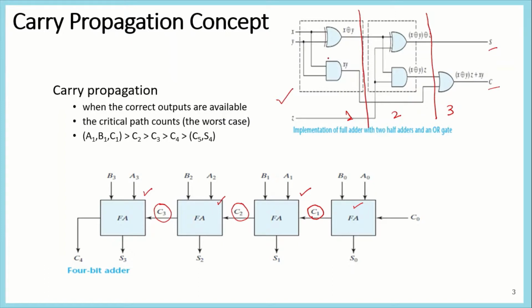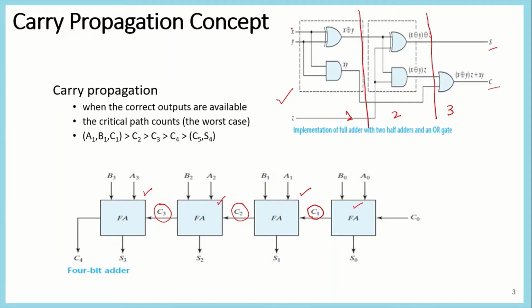Just assume that each gate has a 1 unit delay. So the result would be computed after 3 units of time. Say if it is 1 millisecond, then after 3 milliseconds the correct result could be generated. Similarly, if we move to the next full adder, again we will have to wait for 3 milliseconds, and similarly for the third and fourth.